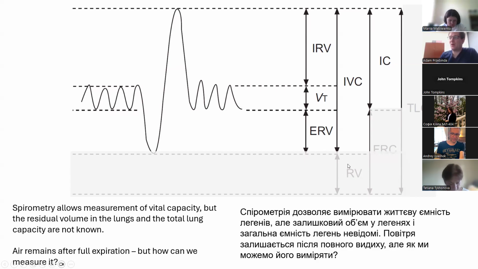Or we need some way to measure the functional residual capacity, which is this volume here, and then add to it the inspiratory capacity to get the total lung capacity. So that's the crux of the problem: how do we find out how much air is left in the lung after you fully exhale?